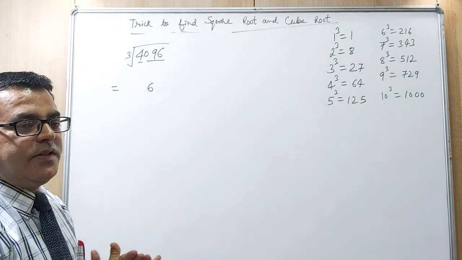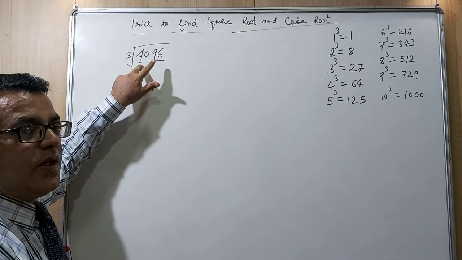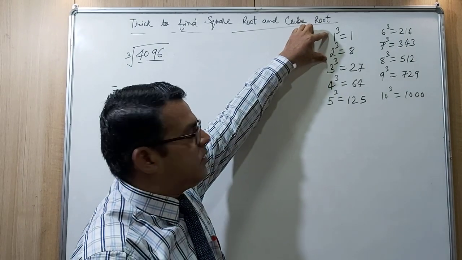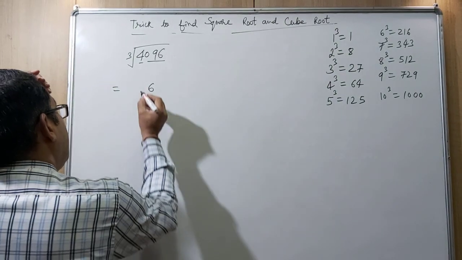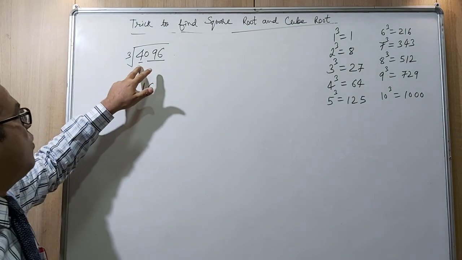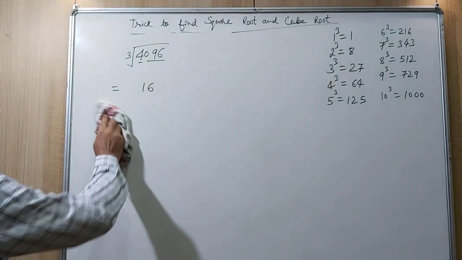Now what is the first digit? The second group is 4. You can see 4 lies between 1 and 8. So we need to take the lower value, so 1. It means 16 cubed is 4096, or the cube root of 4096 is 16. Right?